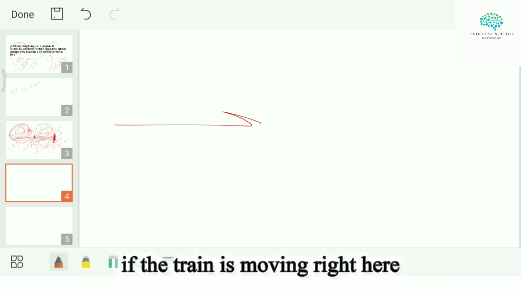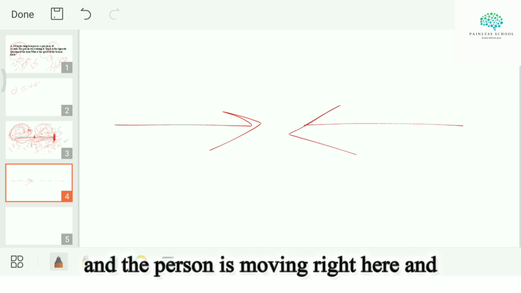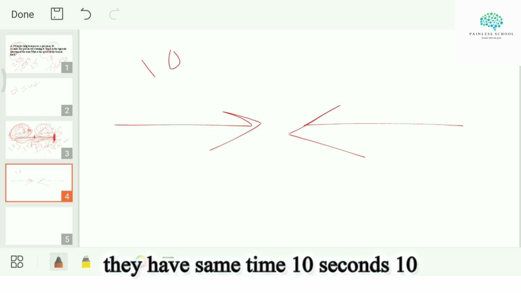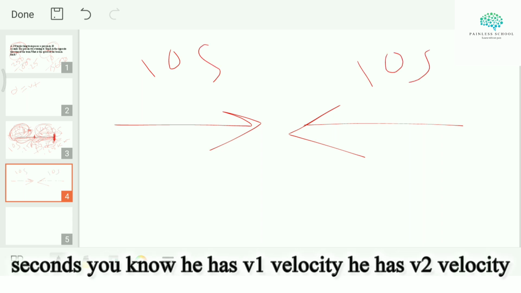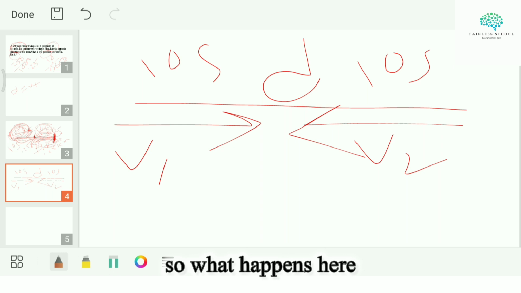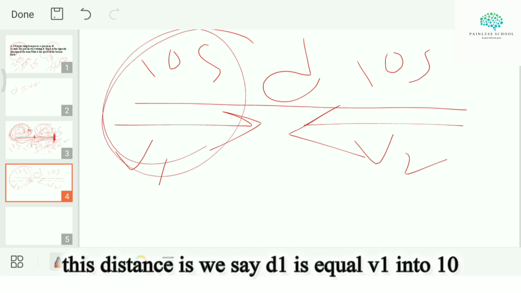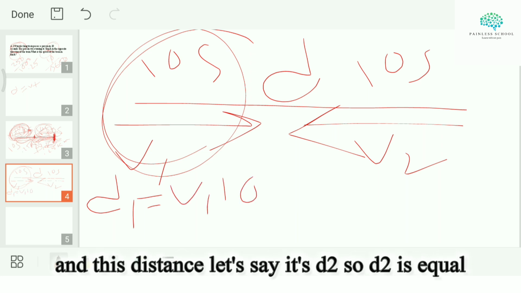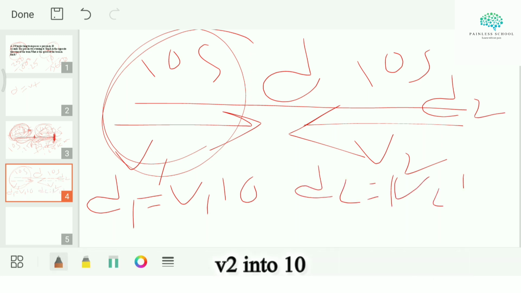So here is a scenario. If the train is moving right here and the person is moving right here, and they have the same time, 10 seconds, he has v1 velocity, he has v2 velocity, and the total distance is d. So what happens here? This distance, say d1, is equal to v1 into 10, and this distance, let's say it's d2, so d2 is equal to v2 into 10.